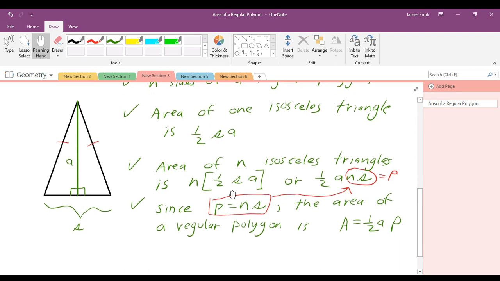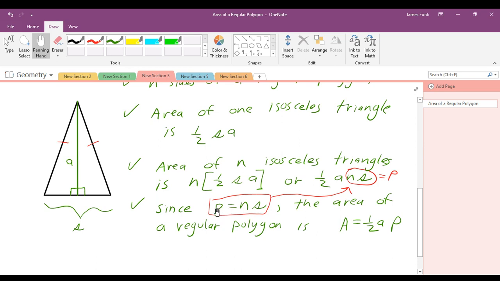Now, think about this. The perimeter of the original polygon is N times S because the original polygon has N sides and each of them is the same length, S. So N times S, N times the length of one side, is the perimeter of the polygon that we're trying to find the area of.